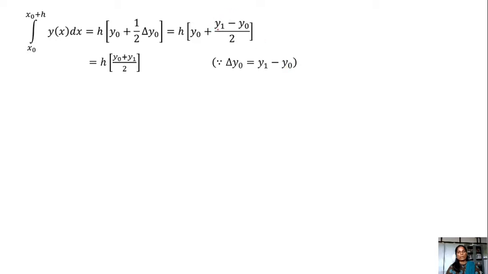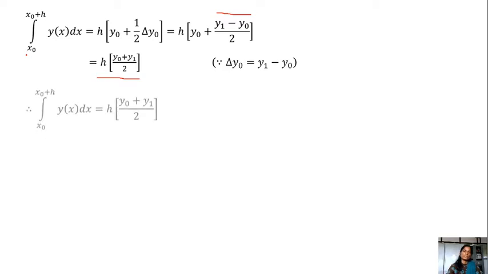So we just write, instead of delta y naught, y1 minus y naught, and if you simplify this, y1 by 2 as it is, and y naught plus 1 minus 1 by 2 is plus 1 by 2. So you will get the integration as h outside, y naught plus y1 divided by 2, and the interval of integration is from x naught to x naught plus h.